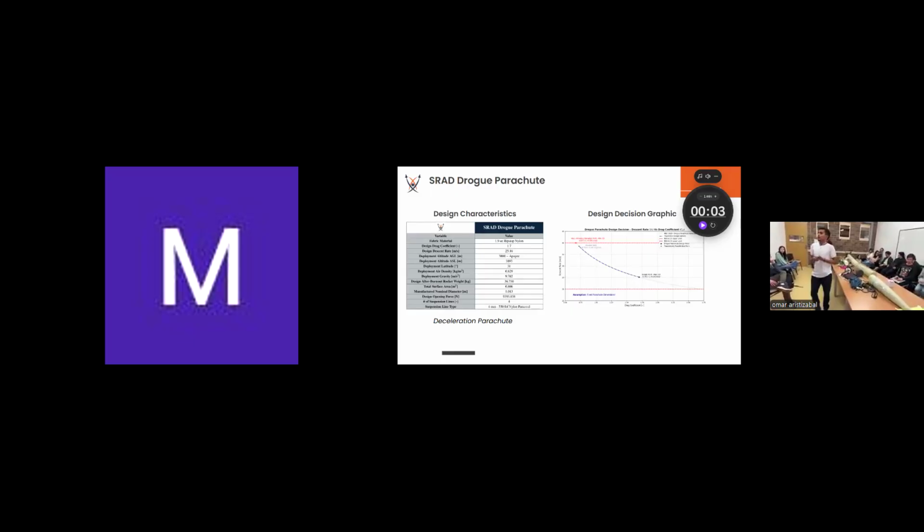And it is a parachute with approximately 1 meter in diameter. The descent rate in feet per second is equivalent to 82.5 feet per second. And that's regarding the SRAT drop parachute.